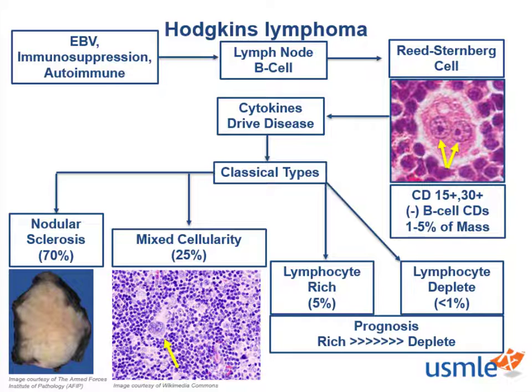Normal lymphocytes, like T cells, kill cancer cells, right? In contrast, the lymphocyte-depleted form arises in patients with immunosuppression like HIV, where T cells are lacking, so they have less ability to fight the cancer. And so the lymphocyte-rich form has more lymphocytes capable of fighting the cancer and therefore has a better prognosis.